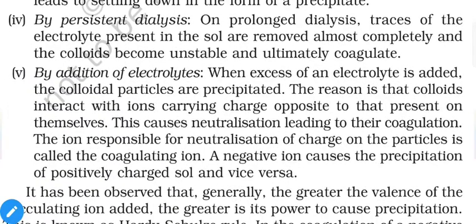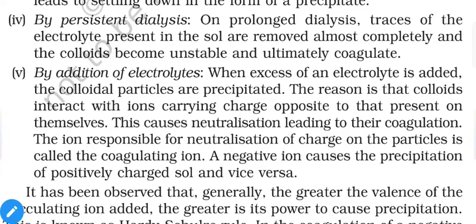Next is by persistent dialysis. On prolonged dialysis, traces of the electrolyte present in the sol are removed almost completely, and the colloids become unstable and ultimately coagulate. We already learned that dialysis is a purification process for colloidal sols.